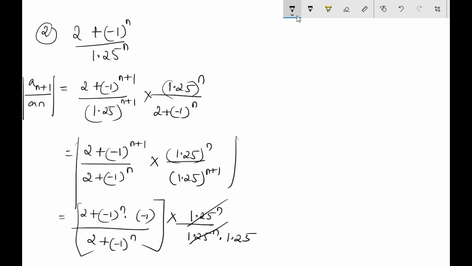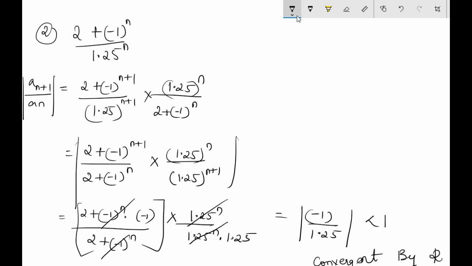This will get cancelled. So we are left with the mod of -1 by 1.25, which is less than 1. Hence it is convergent by ratio test.